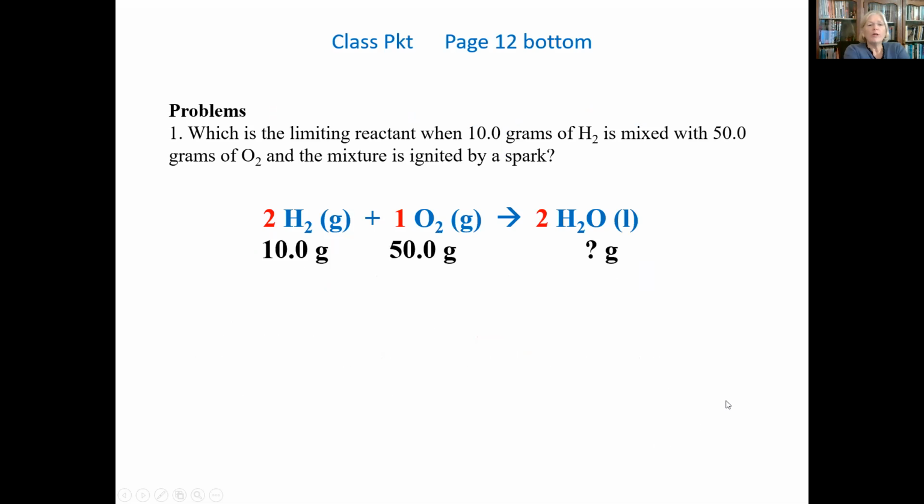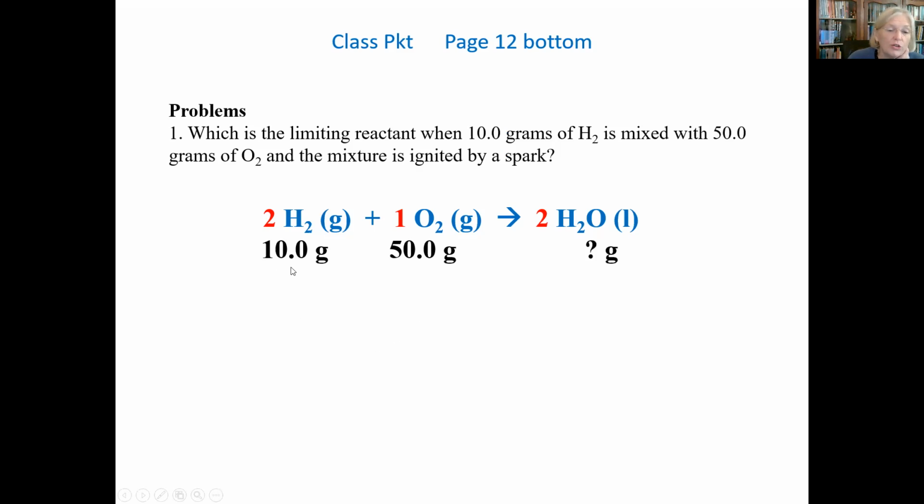So, which is the limiting reactant when 10 grams of hydrogen is mixed with 50 grams of oxygen and the mixture is ignited by a spark? So now I'm giving you masses. You can tell this is a limiting reactant problem by this important clue. I have given you 2 quantities of reagents.